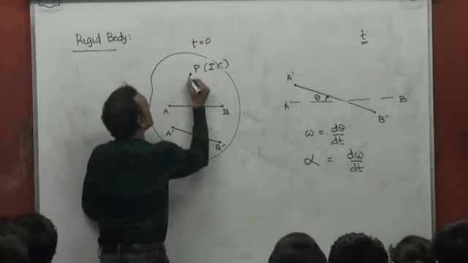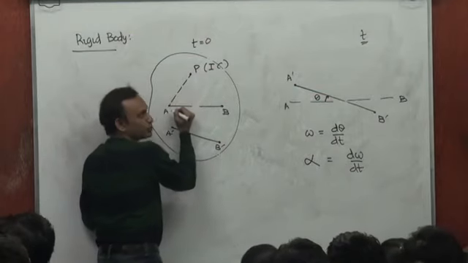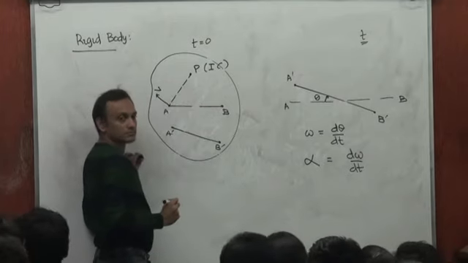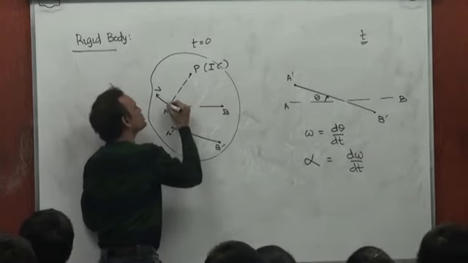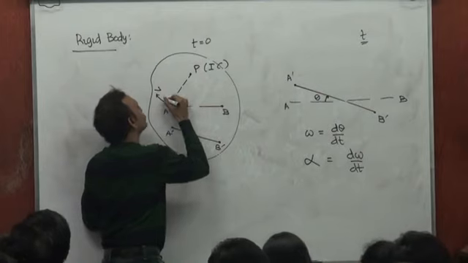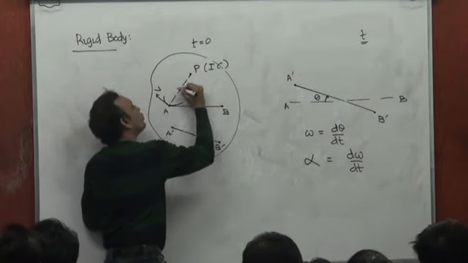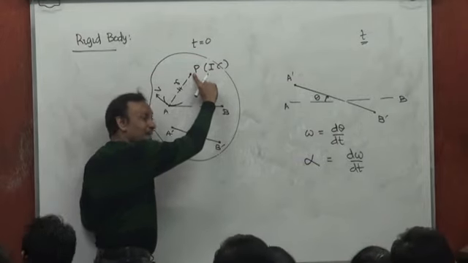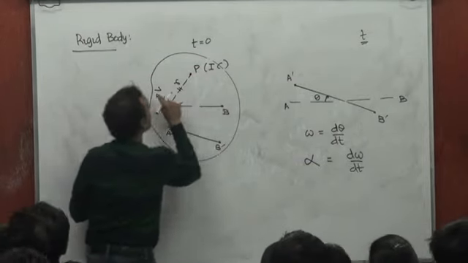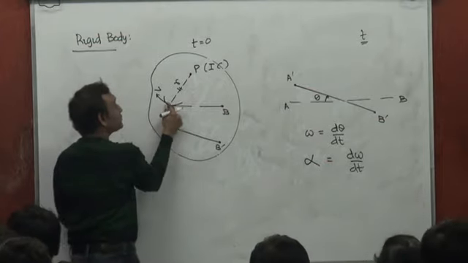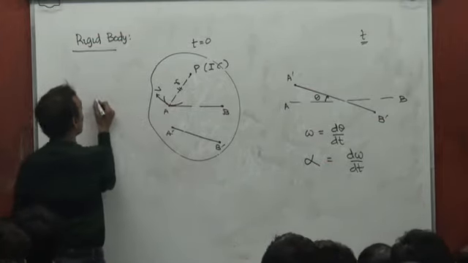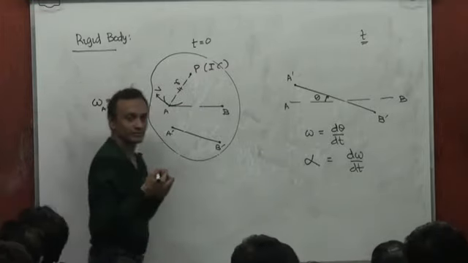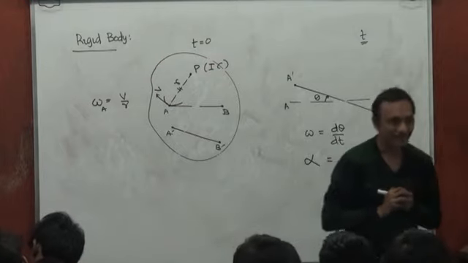How? Look, this is the line joining the particle A to the instantaneous center. So the velocity of A has to be perpendicular to this, right? So at this point of time, you can imagine A to be moving in a circle of radius R centered at P. So then the omega, the rate at which A is reorienting itself with time, the omega for A, is like V by R, referred to the instantaneous center, right?